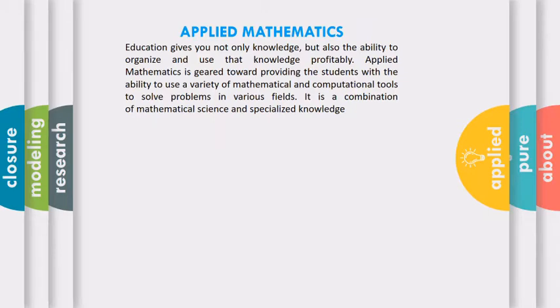So applied mathematics is geared toward providing the student with the ability to use a variety of mathematical and computational tools to solve problems in various fields. It is a combination of mathematical science and specialized knowledge. So applied mathematics is the application of mathematics in the real world.